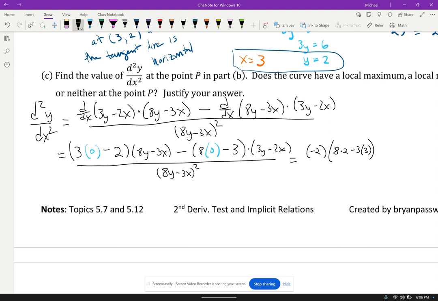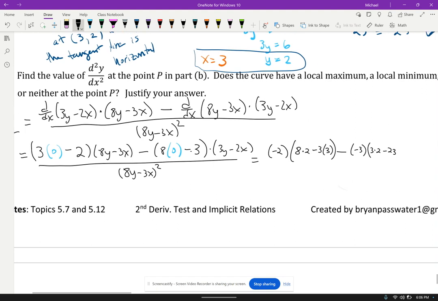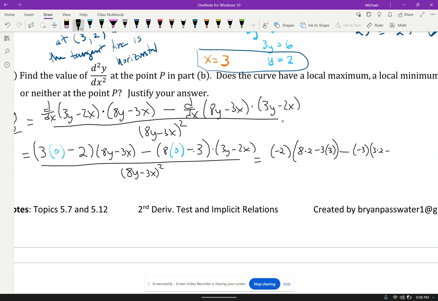And then minus, this is going to collapse to 0, so 0 minus 3 is just negative 3, times 3 times the y coordinate minus 2 times the x coordinate, all divided by (8 times the y coordinate minus 3 times the x coordinate) squared.